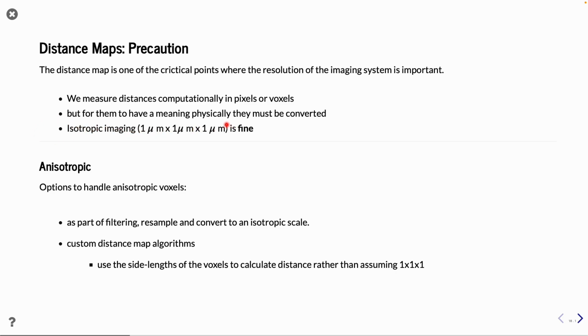Typically, we do imaging with cubic voxels, but in, for example, medical imaging, when you do slices, sometimes slices are anisotropic. So instead, they have x, y, they are the same, but the z along the axis of the patient may be a lot thicker, so they create much thicker slices. And that also needs to be included in the distance calculation. So there you need a custom distance map to handle that kind of anisotropy.